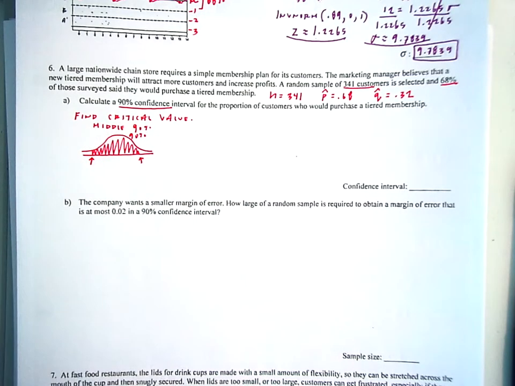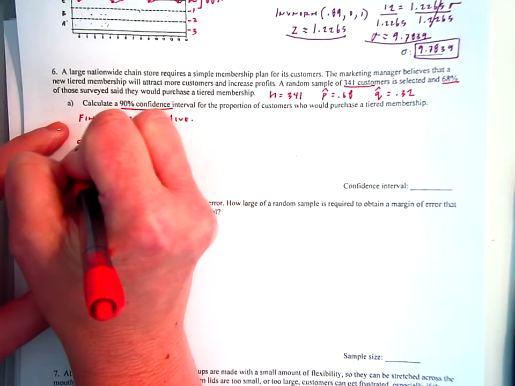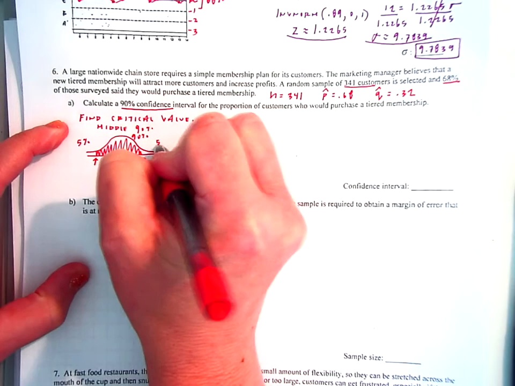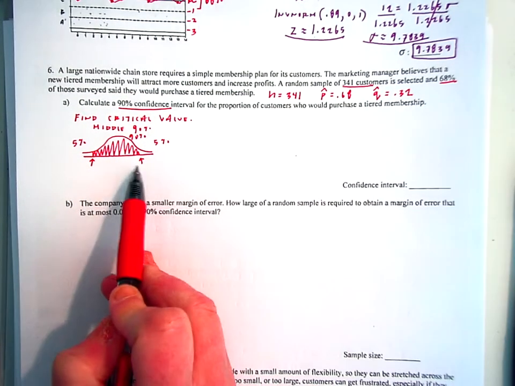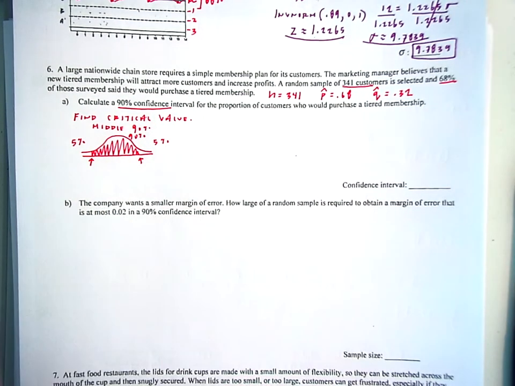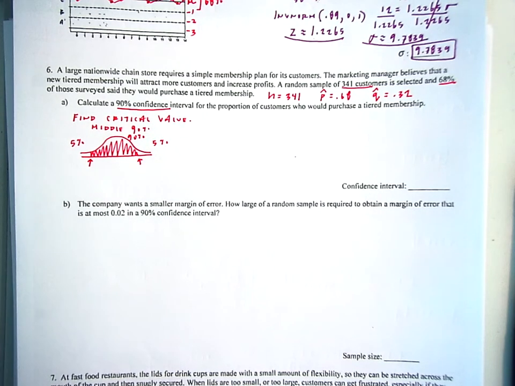If I split it evenly, I have 5% here and I have 5% here. So I know that these would be opposites. They have the same magnitude distance from the mean. I just have to solve for one. And when I express it as a critical value, I only express it as a distance, as a magnitude, as this multiplier that we're going to see in our formula in just one moment.